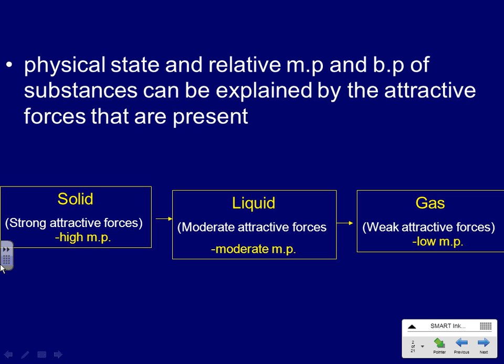Another property that can be explained by intermolecular forces, and again, these are all physical properties, they don't involve chemical change, is something called vapor pressure. We talked about vapor pressure last year. It's the ability of a liquid to vaporize, to go into the gaseous state. Some liquids are very volatile, which means they vaporize very easily. An example of that is something like acetone or gasoline.